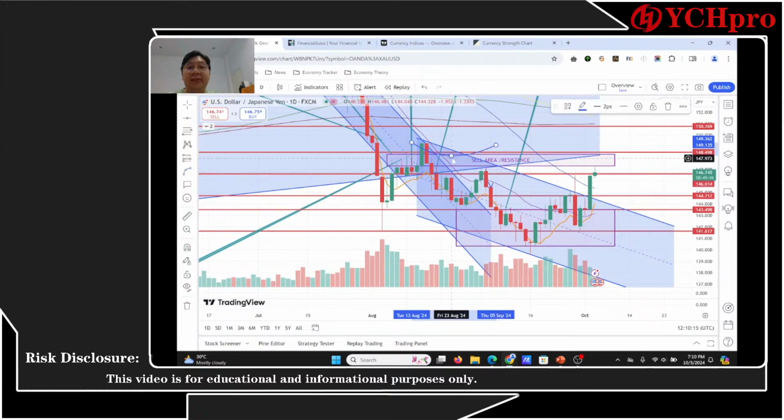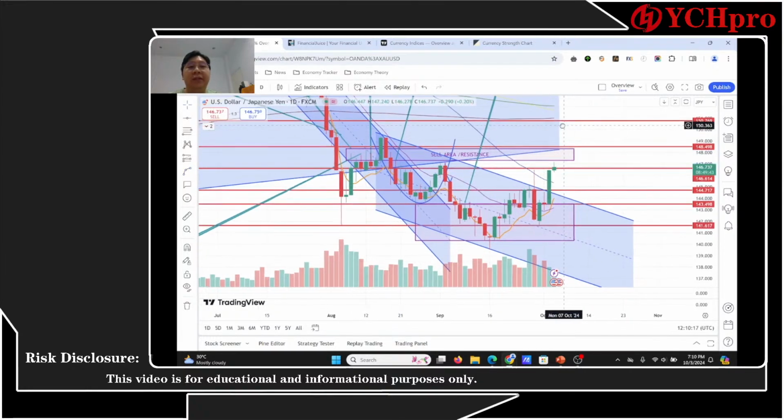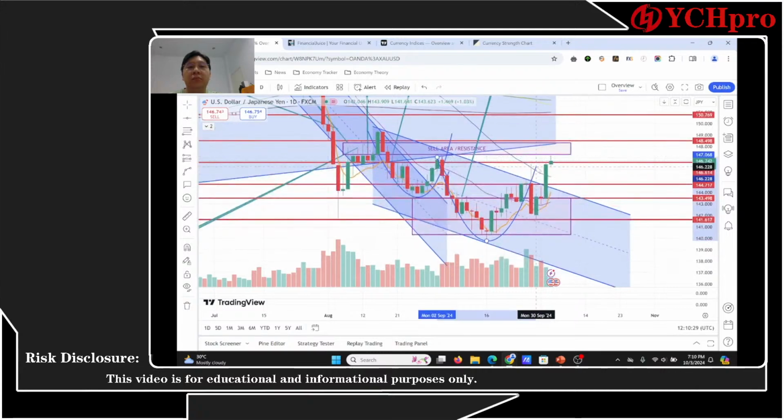Because I am seeing this graph forming. And if this chart pattern does happen, I'm seeing the possibility of it going higher.